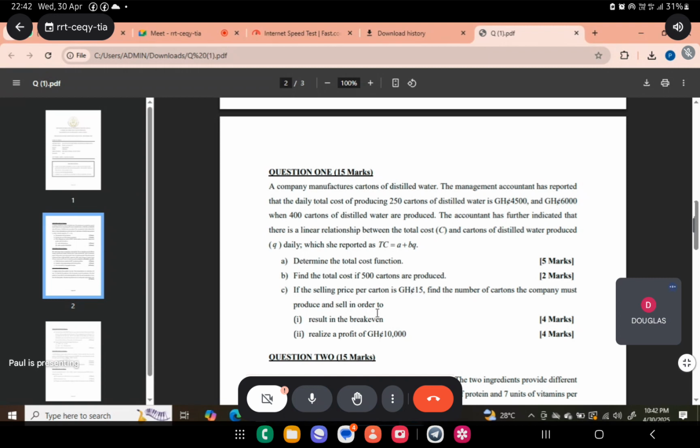Question one is one of the easiest, unlike question two and the rest. Funny enough, I find questions 2 and 3 easier than question 1. I don't know why.